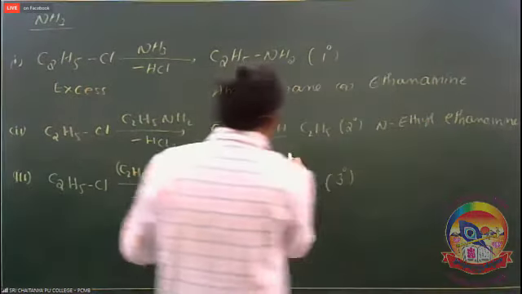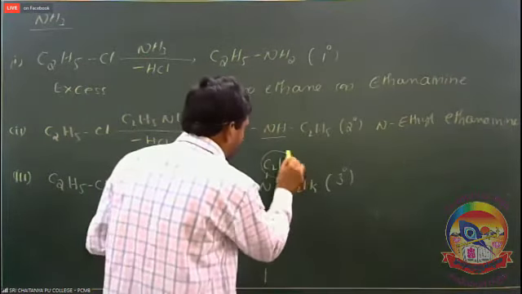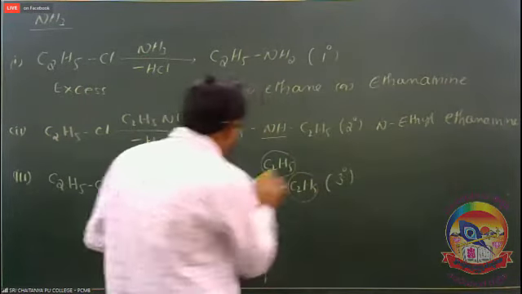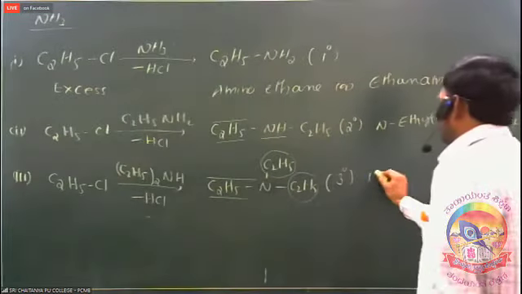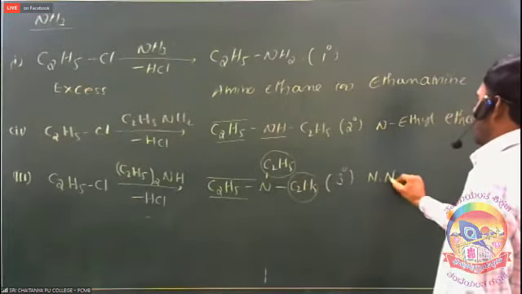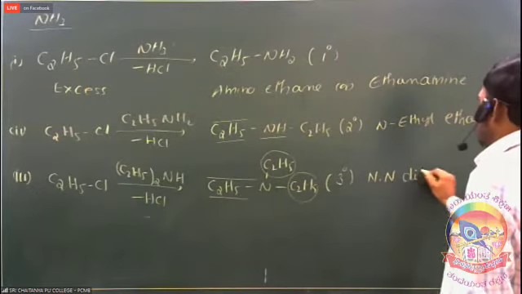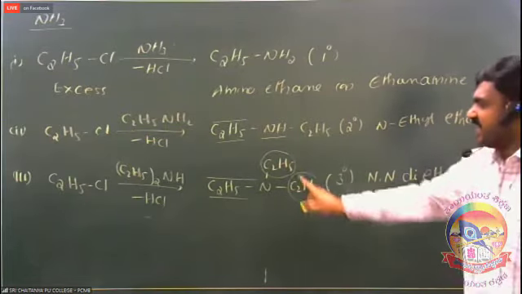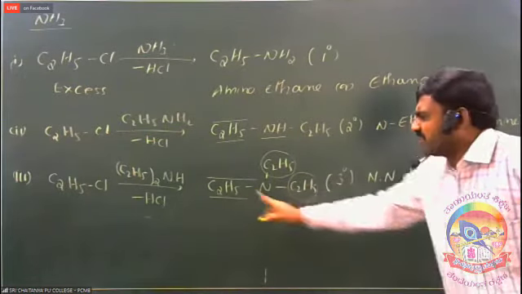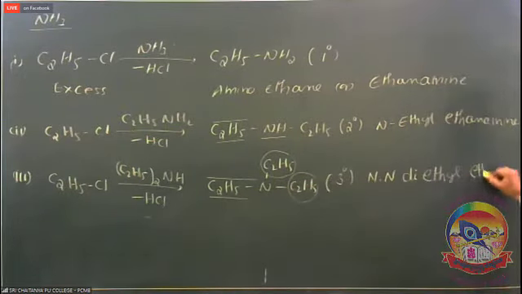These two are considered as substituents on nitrogen, and the longest chain is the parent. So what is the IUPAC name of this compound? N,N-diethylethanamine.